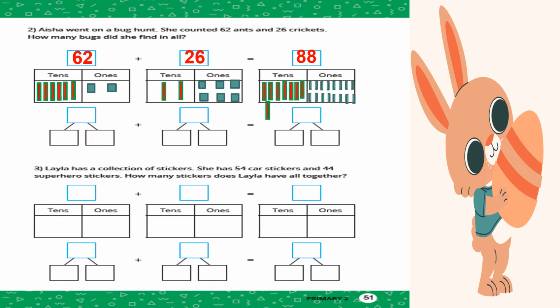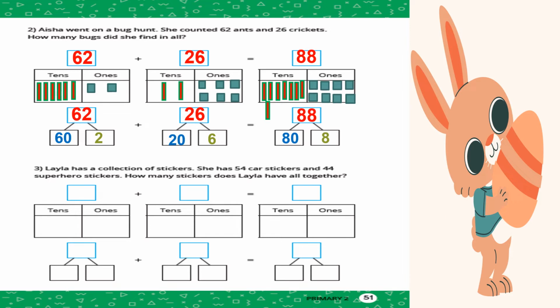Also 8 small squares. Let's decompose 62. It will be 60 plus 2. Let's decompose 26. 20 plus 6. Let's decompose 88. 80 plus 8.